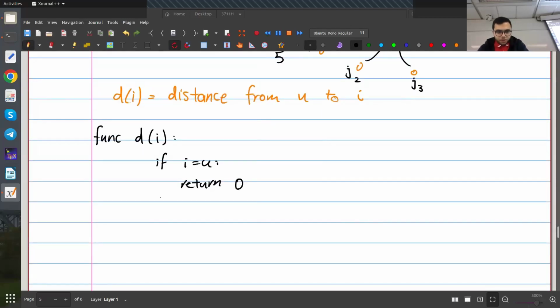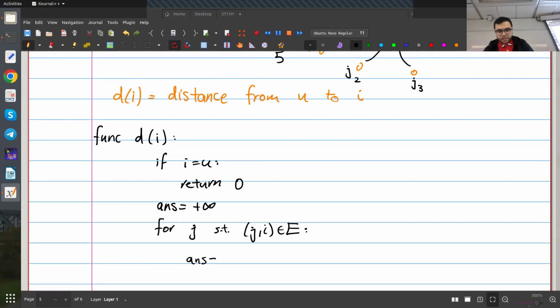So here's what I'm going to do. I say my answer is initially infinity, and then I say for every vertex J such that there is an edge from J to I, I say that my answer becomes the minimum of whatever distance I had until this point, the minimum of the answer itself, and the distance to J plus the cost of the edge from J to I. Okay.